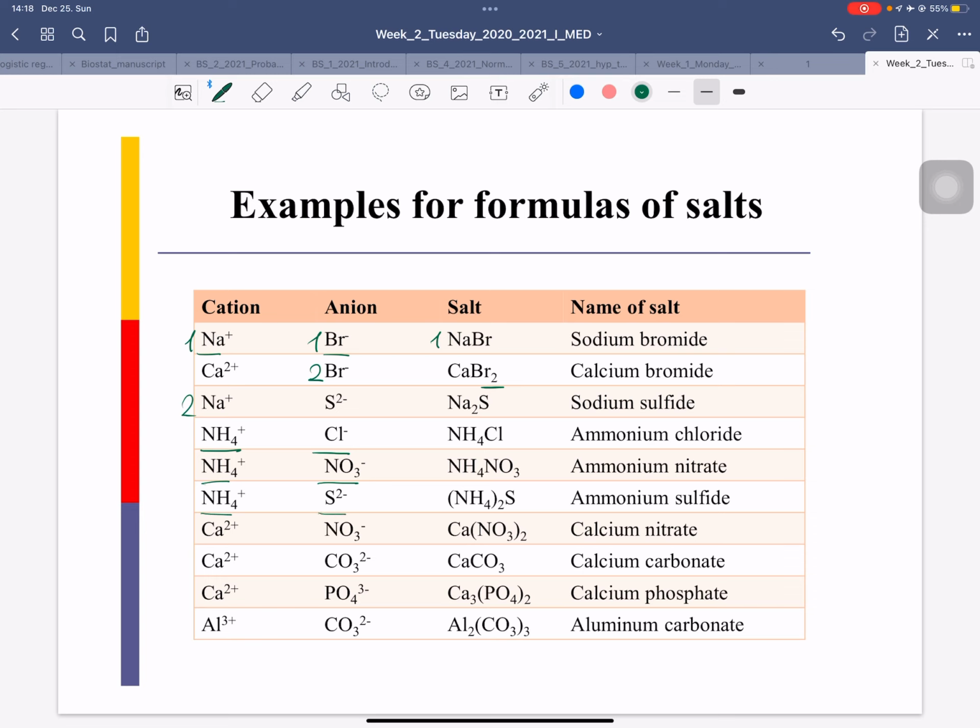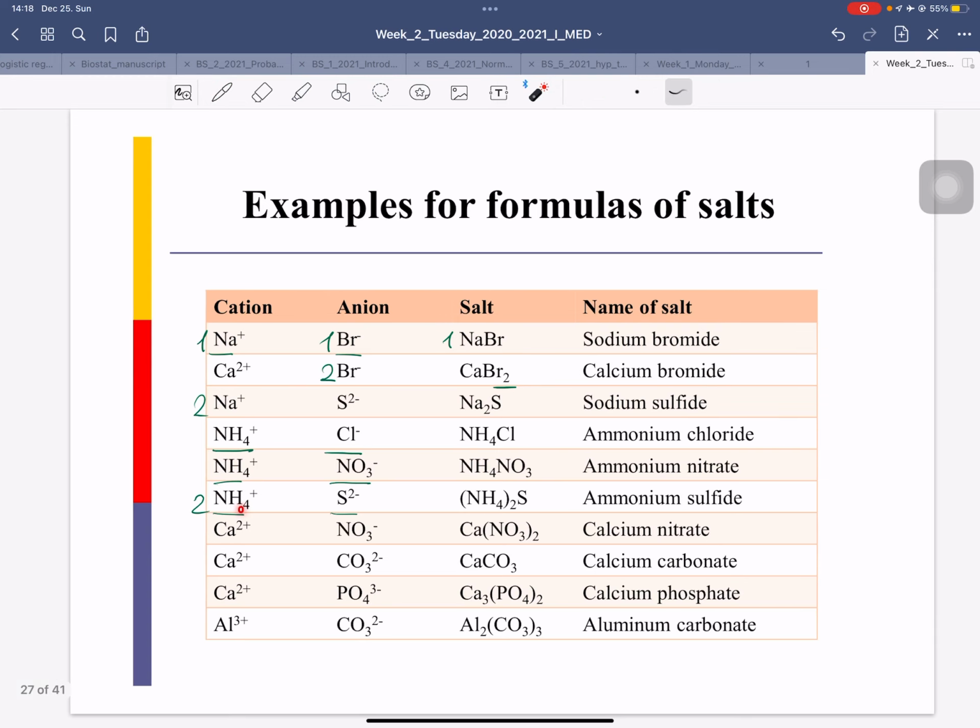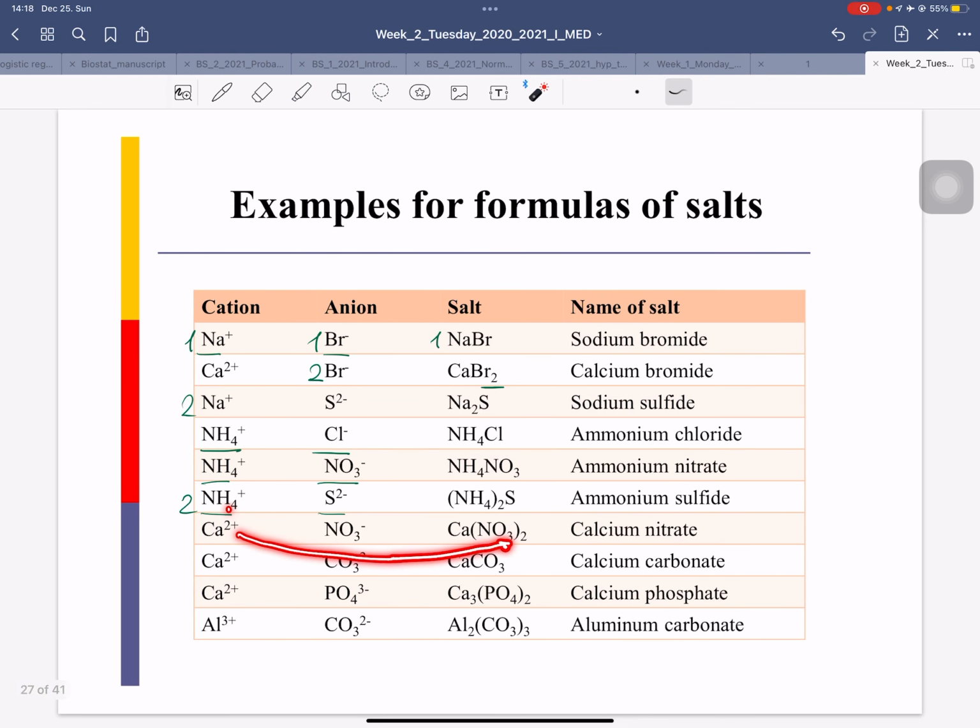But for ammonium sulfate, when we want to give a 2 here, we have to make a circular bracket, put the bracket here and put 2 here, and I have two ammonium. For calcium nitrate, again we put this 2 here, and we have two nitrate. And for calcium carbonate, both of them have the same charge, and they can cancel each other.